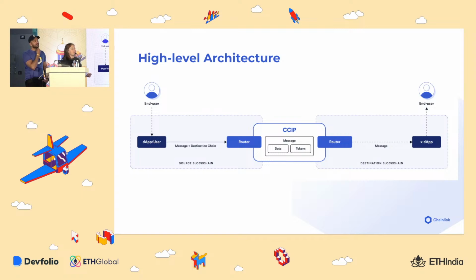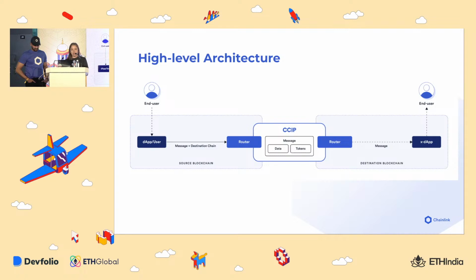Zubin will talk more about the DONs later. And then this router is sending that message, that transaction, to the other chain using the router in the other chain. And that router, the destination router, is sending this message to my application, my destination minter, which is interacting with my NFT, minting a new NFT.